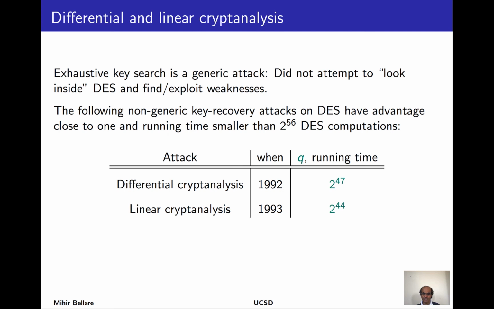Differential cryptanalysis did. It got it down to 2 to the 47. That means the running time was 2 to the 47 instead of 2 to the 56, which is a fairly significant improvement. And linear cryptanalysis got it further down to 2 to the 44. Okay, that starts looking more serious from the point of view of its impact on DES.